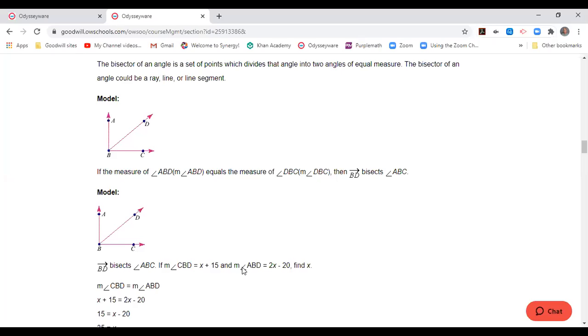The measure of angle ABD over here is 2x minus 20. You just solve for x. Solve for x in what way? Yes, but how?